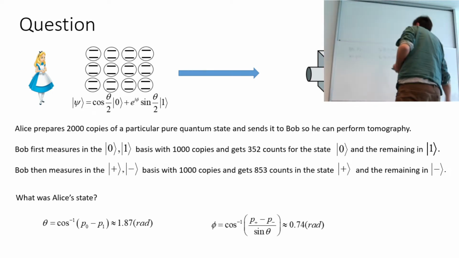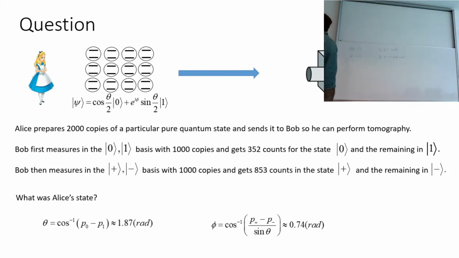For the first one, in the 0-1 basis, P0 should be 0.352, and for this one it should be 0.648. So 0.352 minus 0.648, and arc cos.